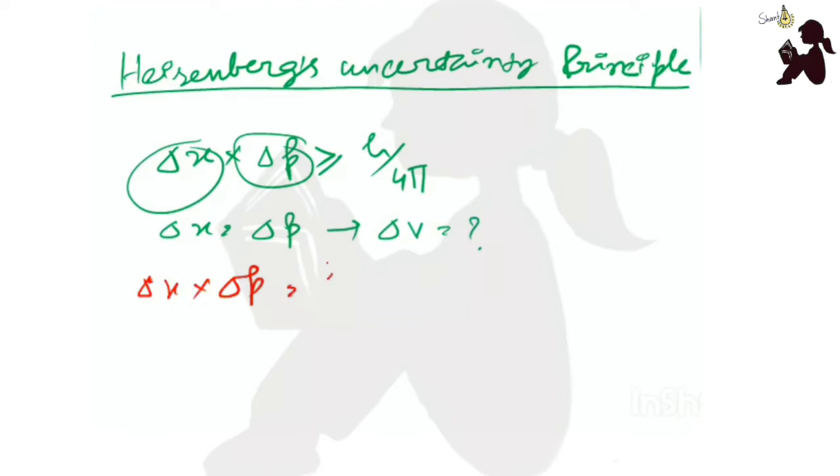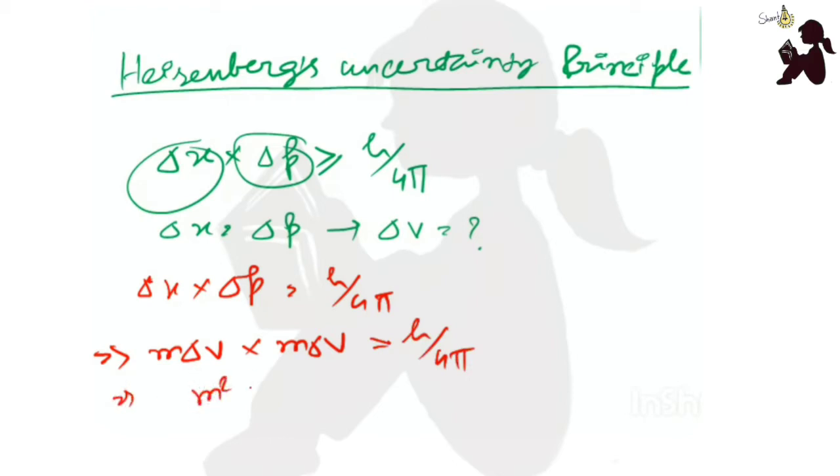Here we are assuming it is equal to h by 4 pi. So here we can write it like this, because mass is constant, the uncertainty in velocity will be the product of this, equal to h by 4 pi.